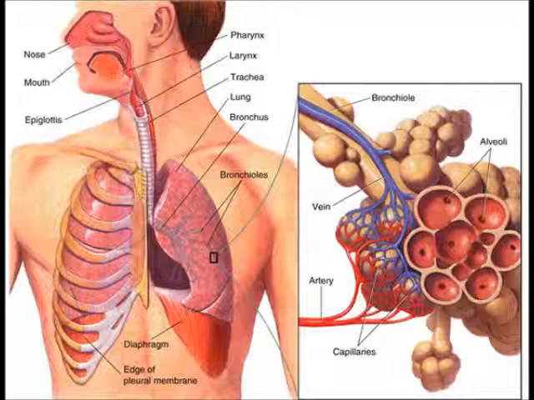So let's talk about synonymous terms. Sympathomimetic, adrenergic, beta 2 agonist, and bronchodilator.